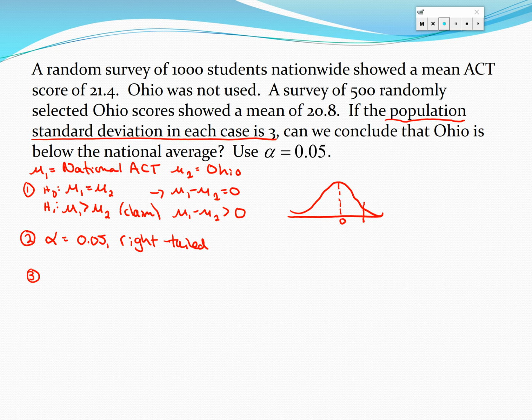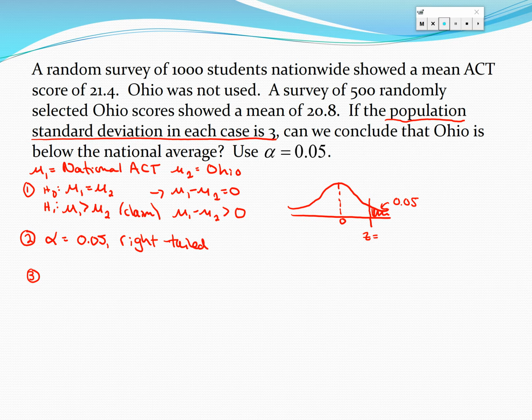So remember, we're a right-tailed test. There we go, we're right-tailed. This is 0.05, so we need to find the z value. So I have 0.05 to the right of it.